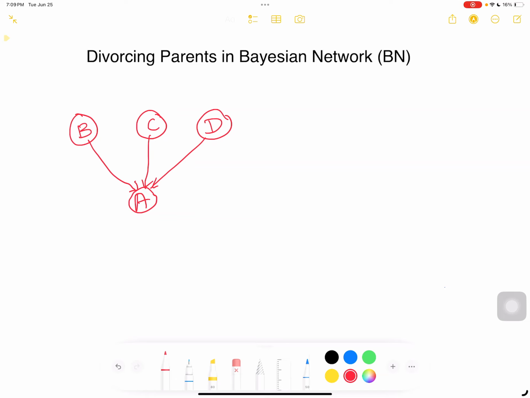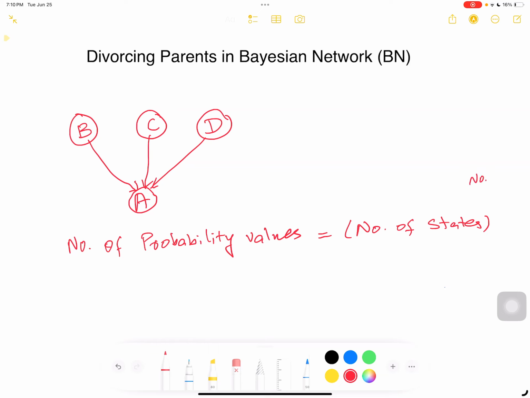Now, if I want to find out the number of probability values that I need to populate in the conditional probability table, the formula that we use is: number of probability values equals the number of states, raised to the power of the number of variables.